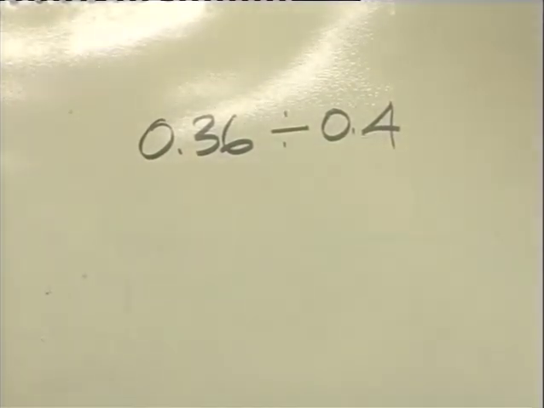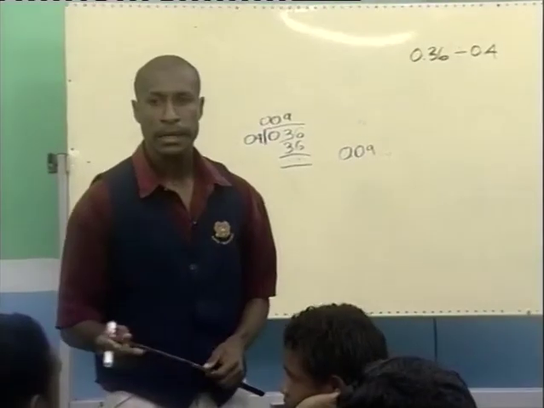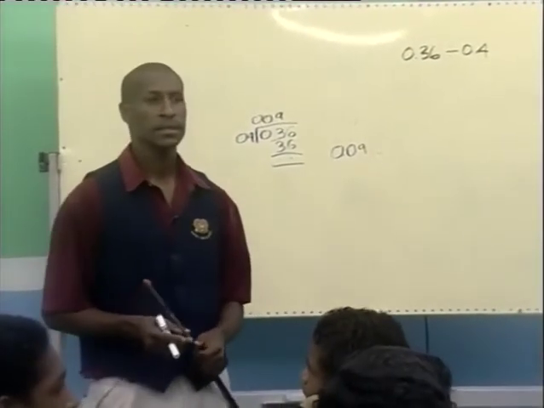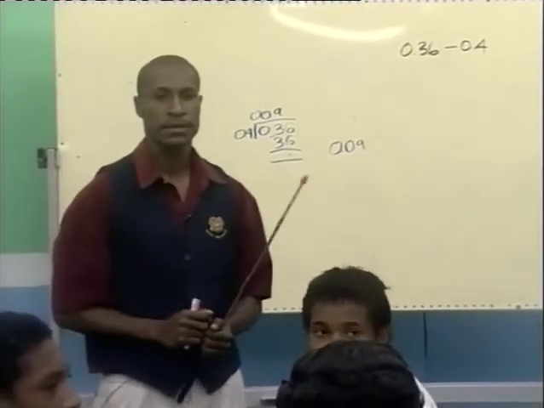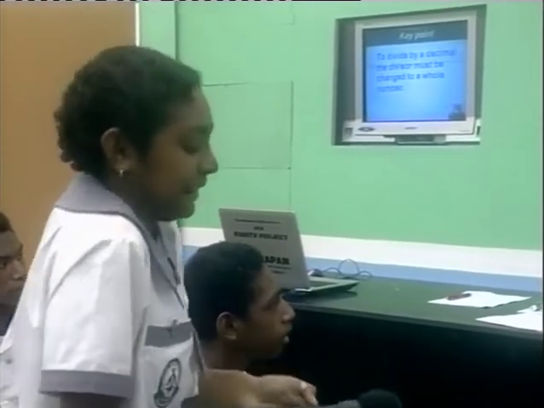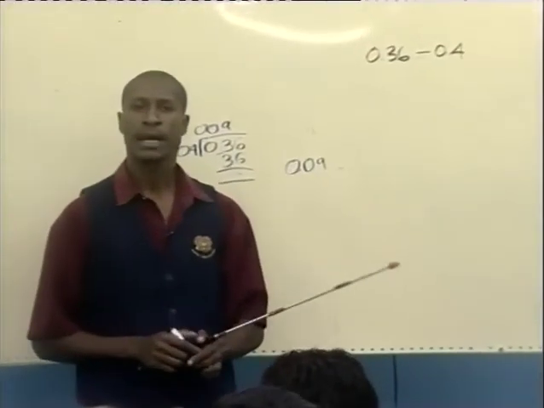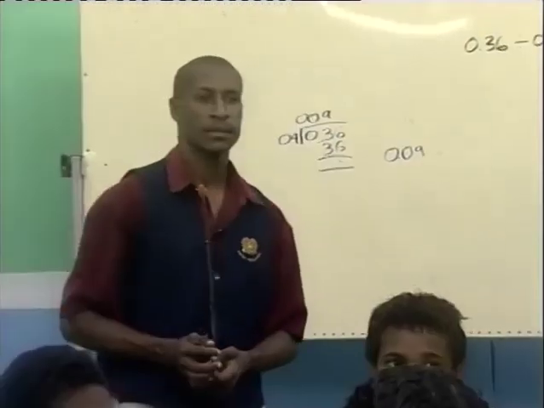How can we change the divisor to a whole number? Any idea? Yes. By ignoring the 0 and the decimal point. What do you others think?